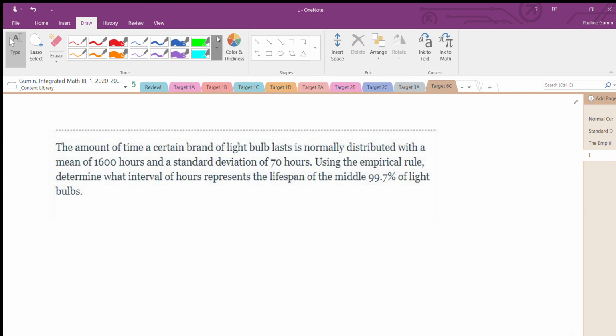I'm going to highlight that because I know we're going to use it. And a standard deviation of 70. So we're going up and down by 70s. Using the empirical rule, determine what interval represents the lifespan of the middle 99.7% of the light bulbs.